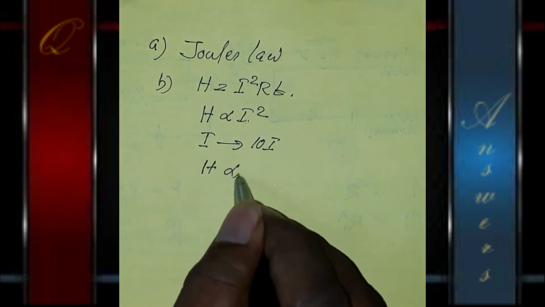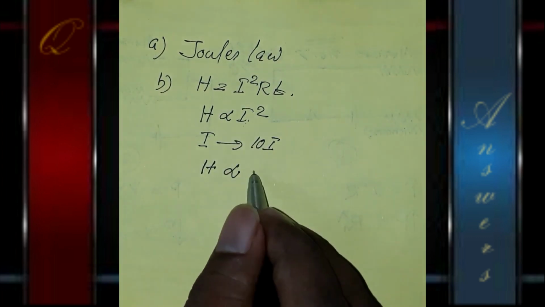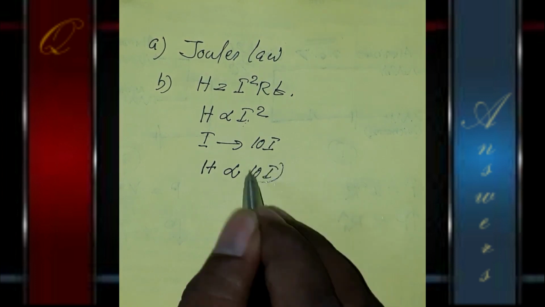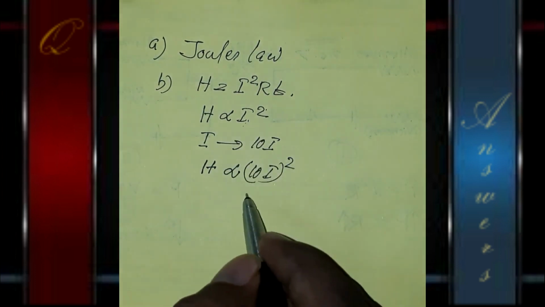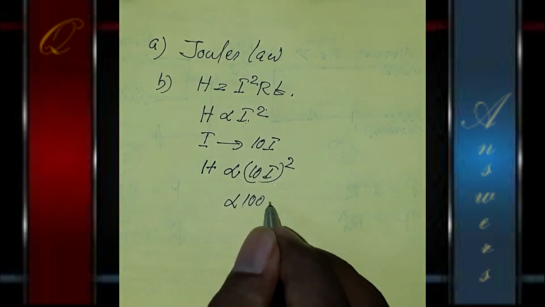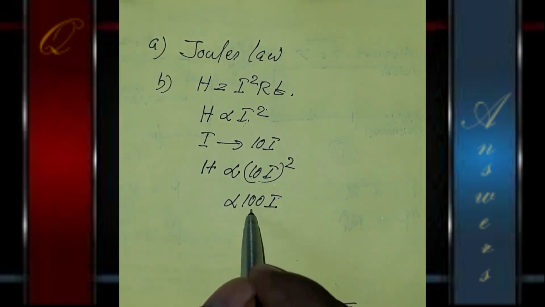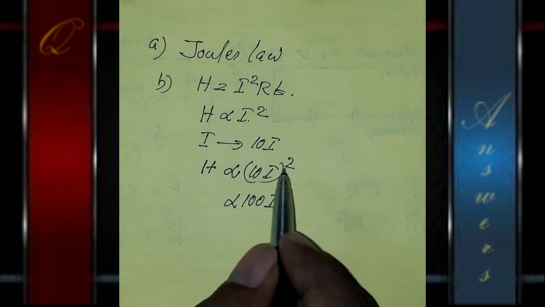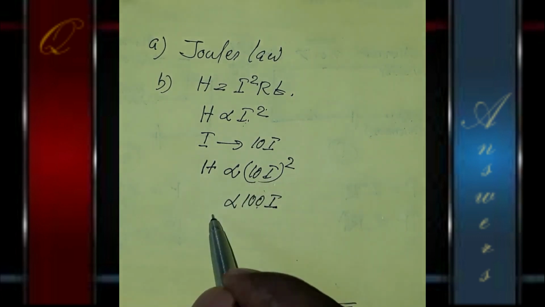You substitute 10I in place of I. So what is the square of 10? It is 100, so it becomes 100 I square. So heat will become 100 times. If current is made 10 times, the heat will become 100 times.